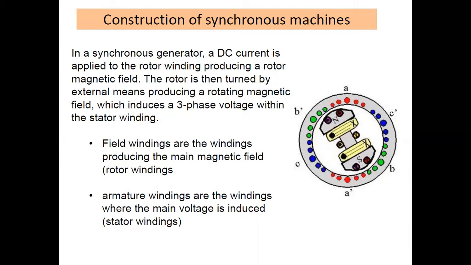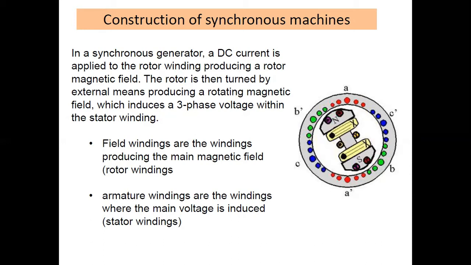In synchronous generator, it will follow the principle of Fleming's right hand rule, in which direction of rotation and the field are the known quantities and direction of current is the unknown quantity. So when we know these two quantities, direction of rotation and direction of magnetic field, we can find out the direction of the current, which is the unknown quantity.